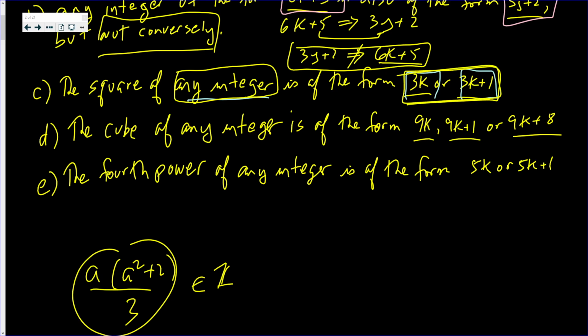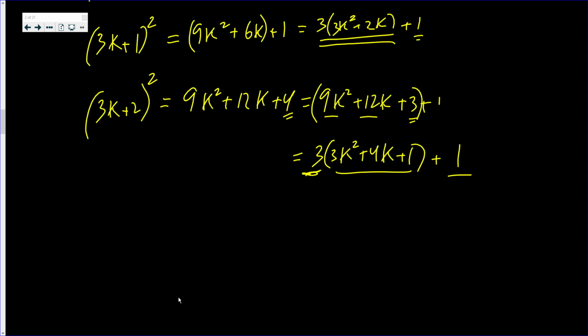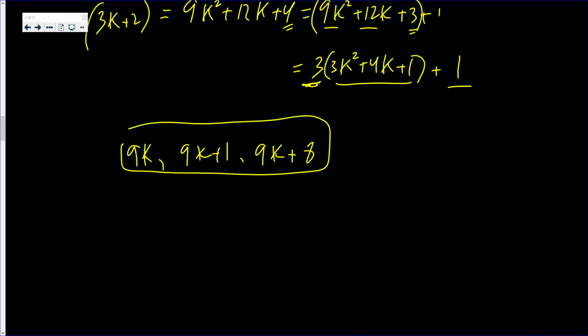Okay. Now they're saying if you cube a number, you get one of those 3. You get 9k, 9k plus 1, and I think the other one was 9k plus 8. This is when you cube a number. Now, we can definitely cube 9k and 9k plus 1 and 9k plus 2 and all the way up to 9k plus 7.